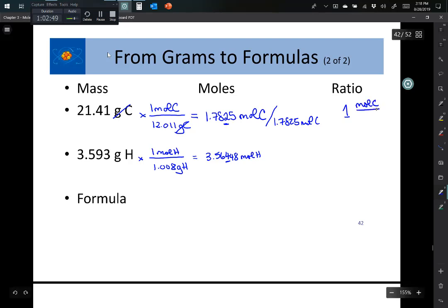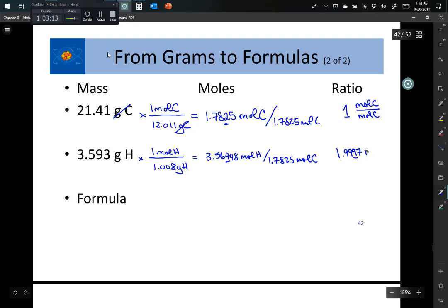It's like you're always going to have 1 mole of something for itself, right? There's 1 mole of me for every mole of me, that kind of thing. But what's the other one going to be? 1.1997. So this is going to be 1.99397.